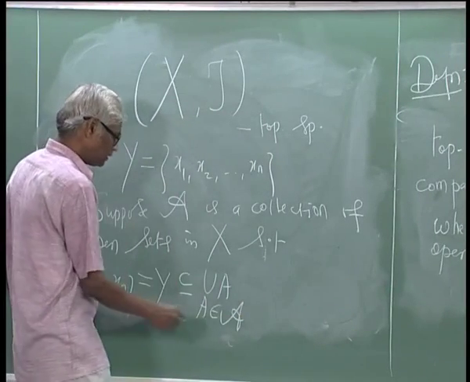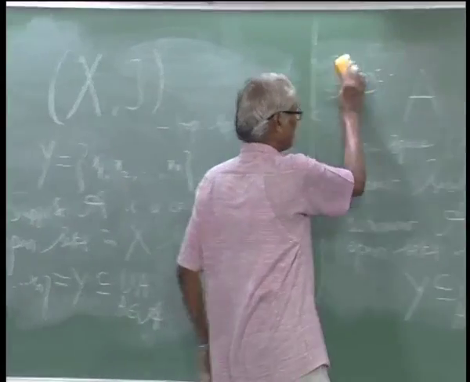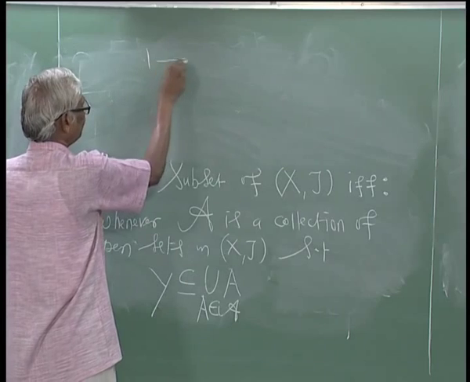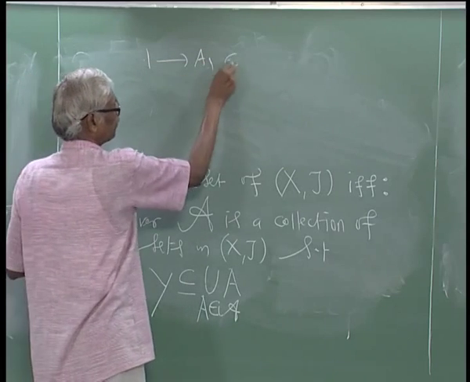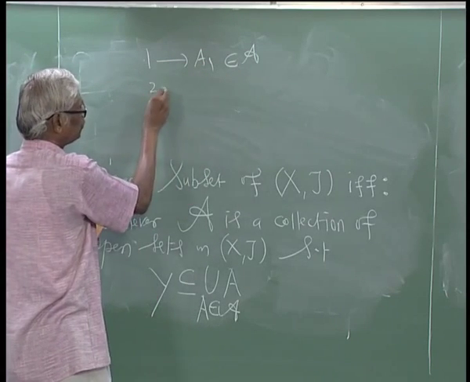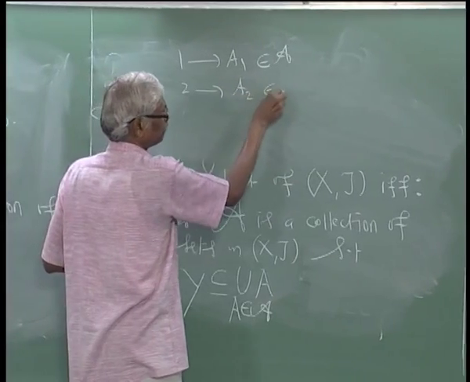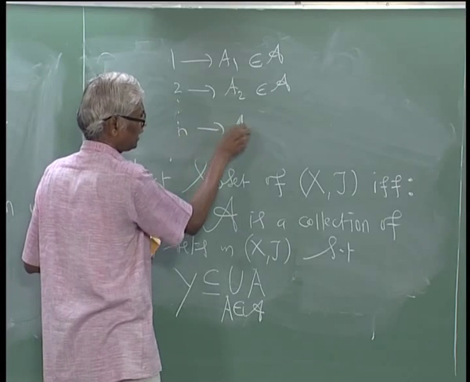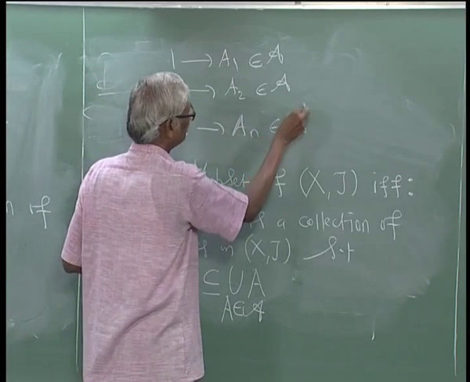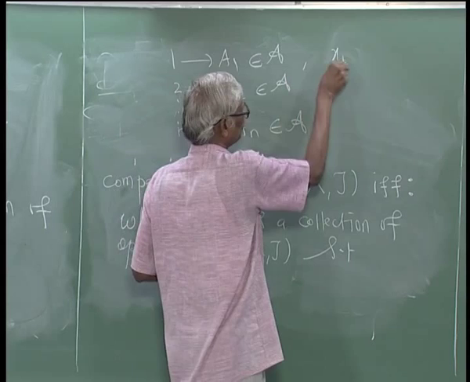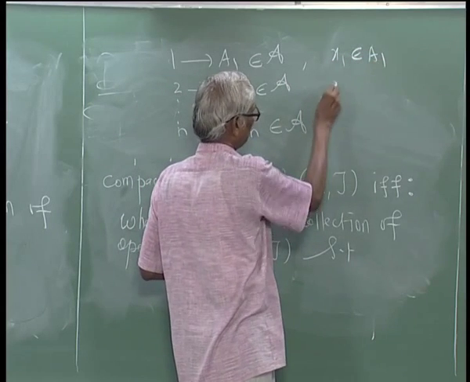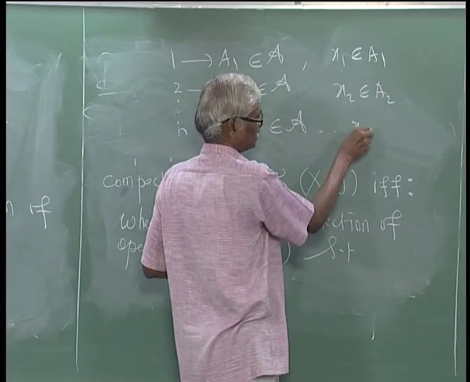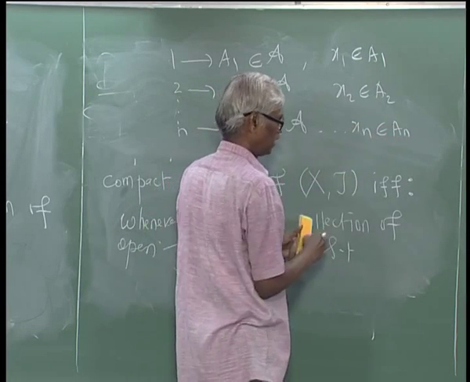So then for each i we will get, for 1 there is an A1 from script A, for 2 there is an A2 from script A, for n there is an An from script A, such that x1 belongs to A1, x2 belongs to A2, and so on, xn belongs to An.